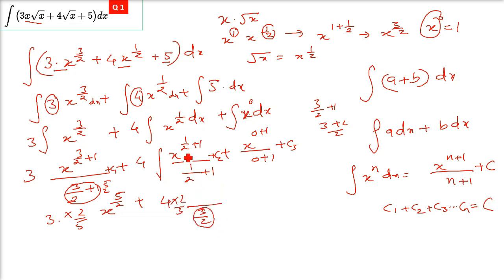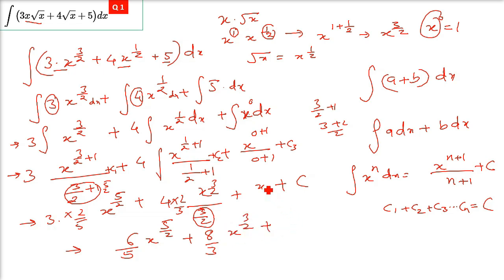Plus here x raised 1 divided by 1, so let us write it as x only. Combine all these C and call it capital C. We get 6 by 5 x raised 5 by 2 plus 8 by 3 x raised 3 by 2, or x to the power 3 by 2, which is the same thing, which I will generally use interchangeably.